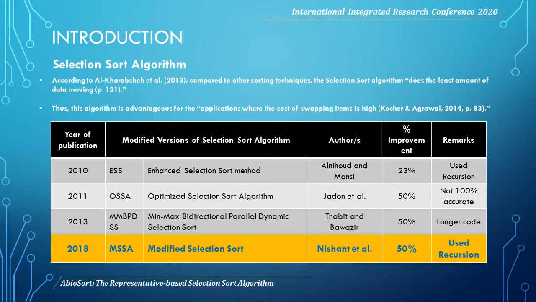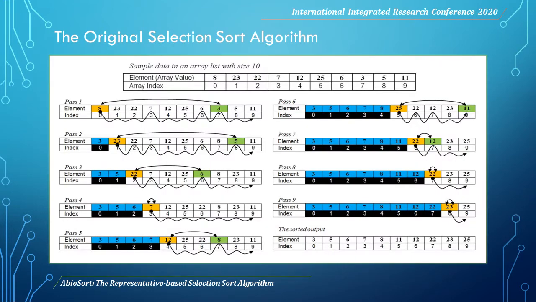In this study, the MSSA, or the Modified Selection Sort, of Nishant et al., which was just published last 2018, being the recent improvement, was used to serve as the benchmark algorithm to compare its performance with the performance of the AbioSort, the proposed algorithm.